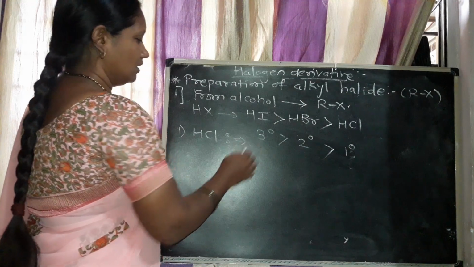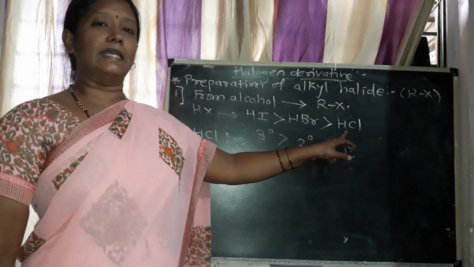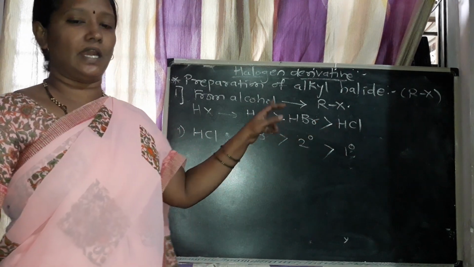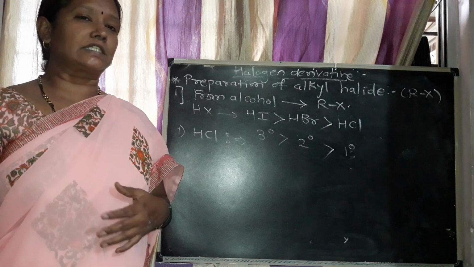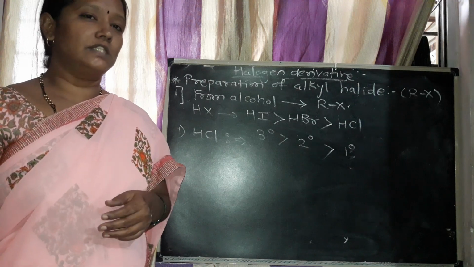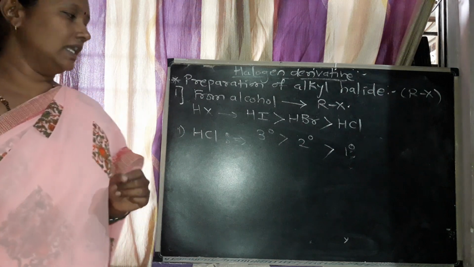Now this HCl is less reactive than HBr and HI. Therefore it requires a catalyst like anhydrous zinc chloride, ZnCl2, for the preparation of the alkyl halide.